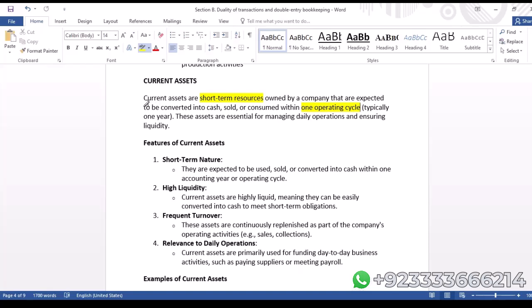Now let's read the definition. Current assets are short-term resources owned by a company that are expected to be converted into cash, sold, or consumed within one operating cycle. These assets are essentially managing daily operations and ensuring liquidity.